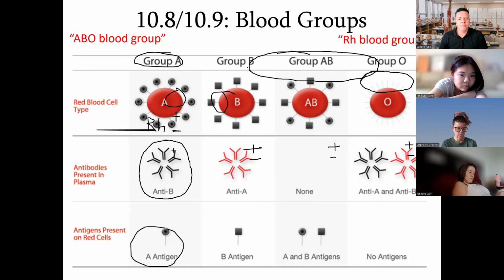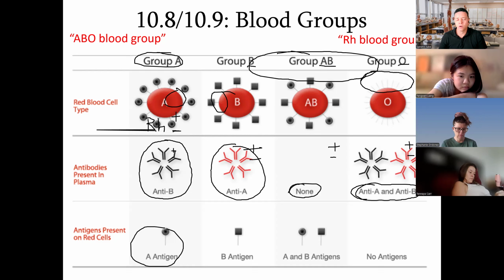If you are a type B, you're going to have antibodies against the A antigen. If you are a type AB, you are not going to have antibodies against the A or the B antigen. And if you are a type O, you're going to have both antibodies against the A and the B antigen in your bloodstream.